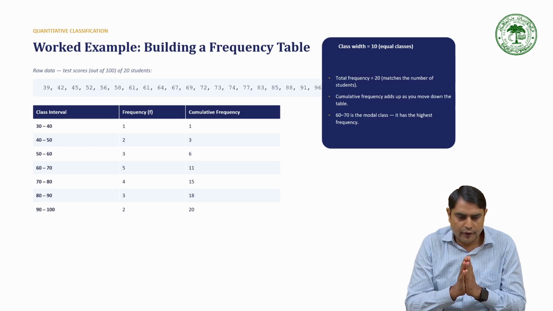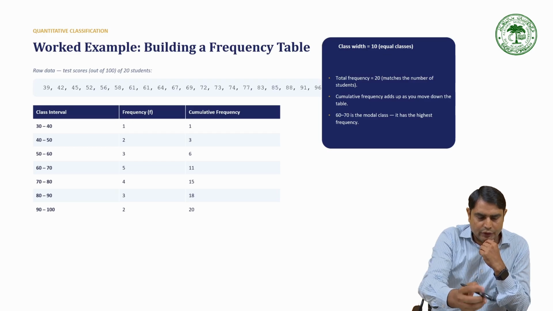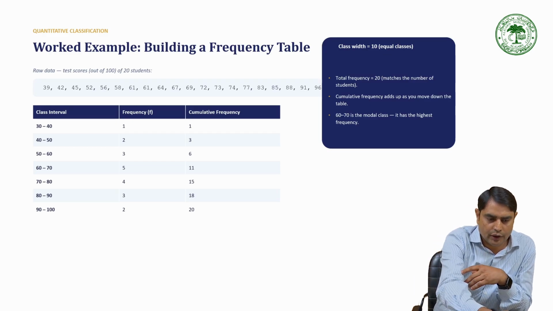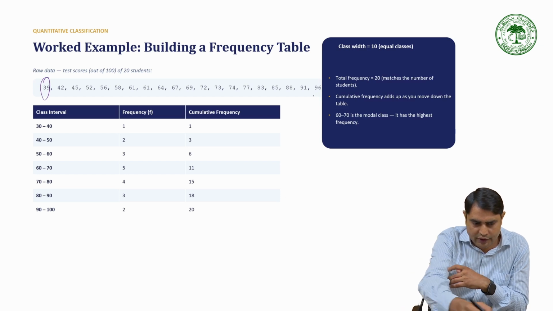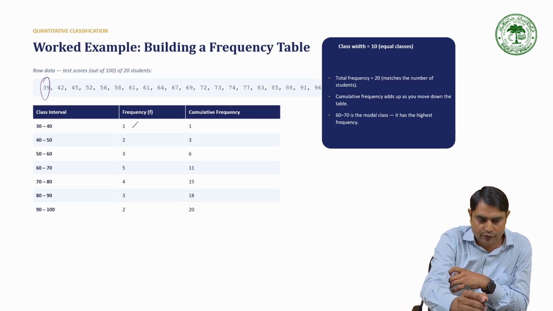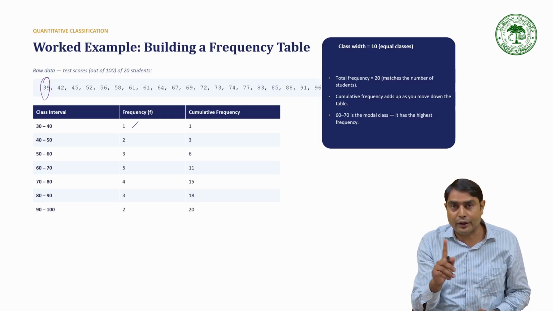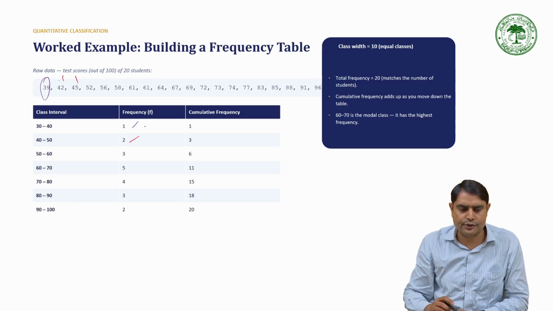Then 30 to 40. How many values are there from 30 to 40? 39 is the only value, and I look for other values in this range. No other values are more than 30 and less than 40. So the frequency is 1. Then I look for all the values which are more than 40 and less than 50. So 1, 2. The frequency is 2.